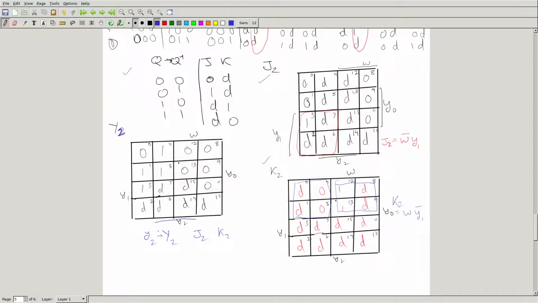So in this half of the K-map, Y2 is always 1.